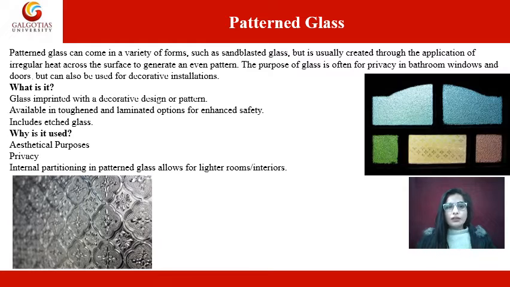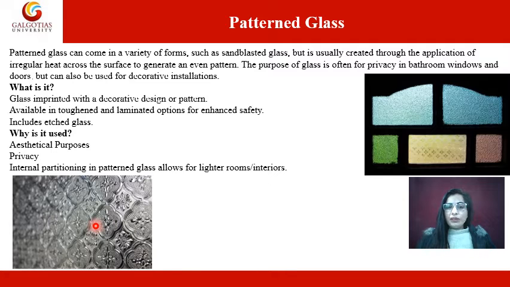Patterned glass. Patterned glass can come in a variety of forms, such as sandblast glass, but is usually created through the application of irregular heat across the surface to generate an even pattern. So basically it is glass imprinted with a decorative design or pattern, that's why it is called patterned glass.